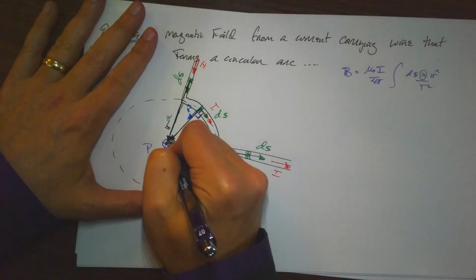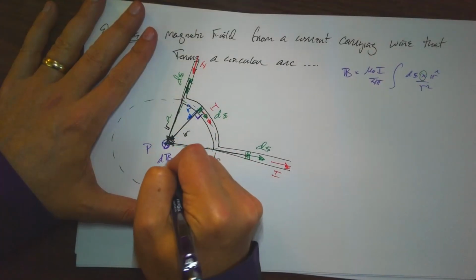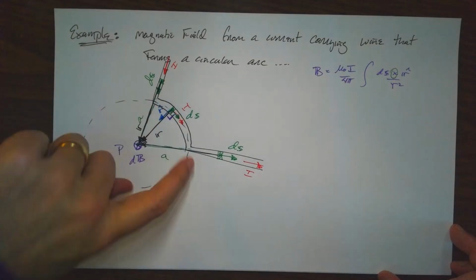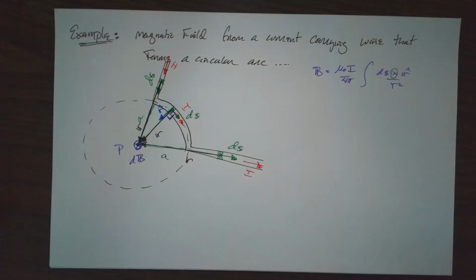So the little differential element of the magnetic field vector, the dB, goes into the page. And it's the same all along the arc. So that's good. I don't need to do any component work. That's what we like to see.